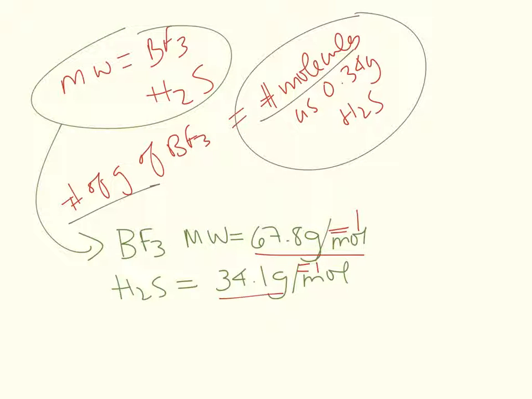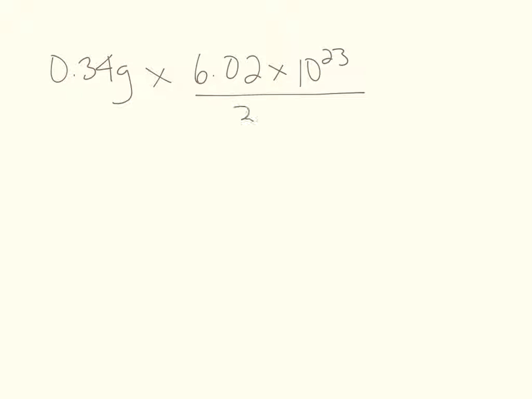So what we are going to do here is take the 0.34 grams of H2S given to us, and multiply that by Avogadro's number, 6.02 times 10 to the 23, over 34.1 grams.